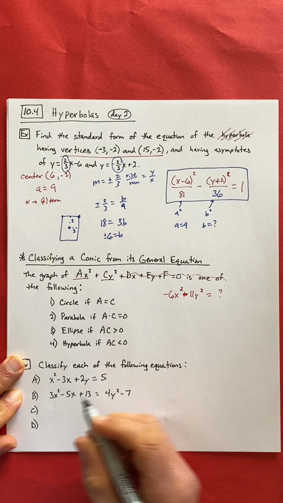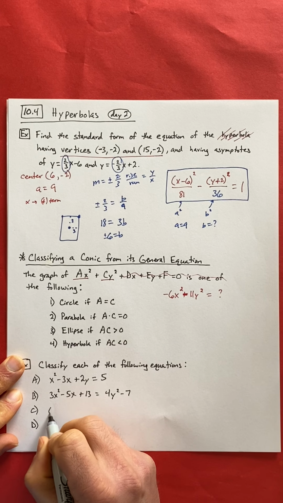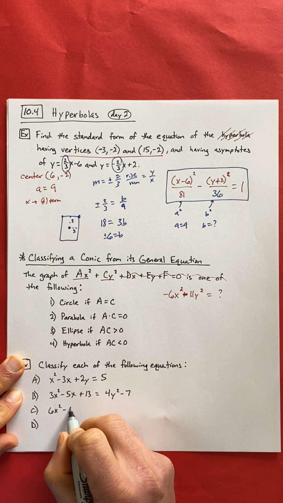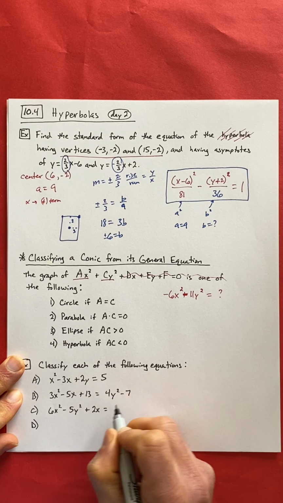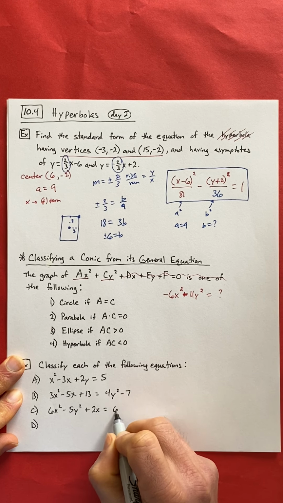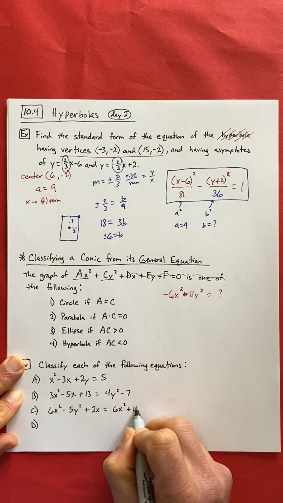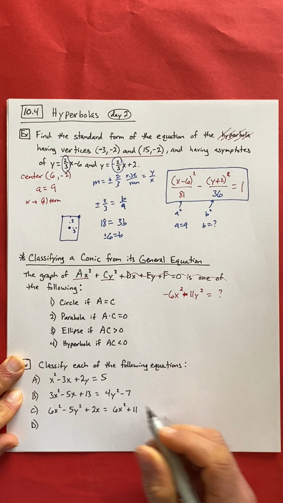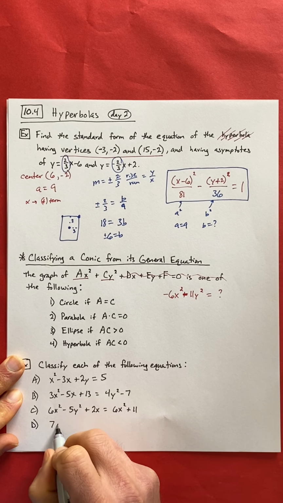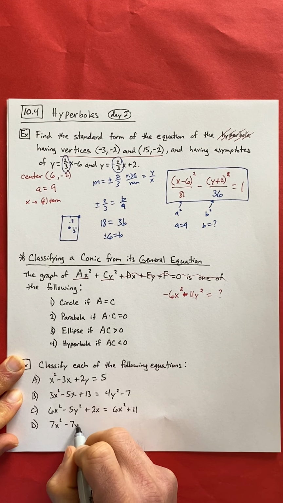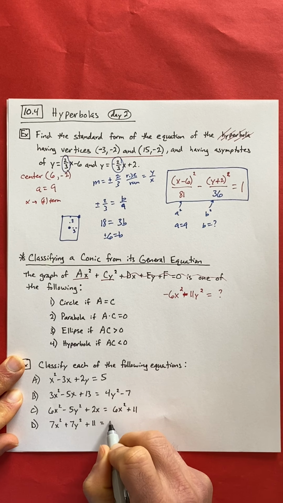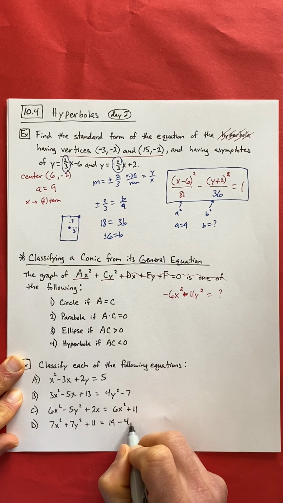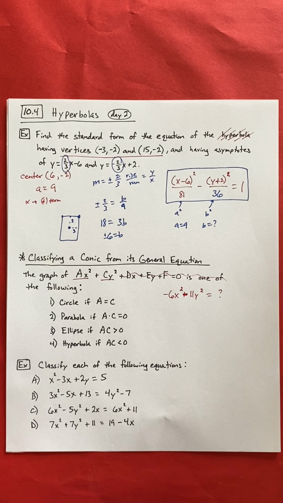For letter C, 6x squared minus 5y squared plus 2x is equal to 6x squared plus 11. And for letter D, I have 7x squared minus 7y squared, plus 7y squared plus 11 is equal to 19 minus 4x.